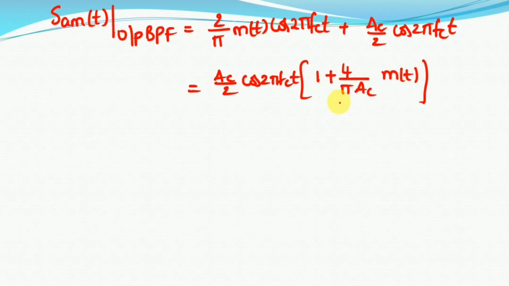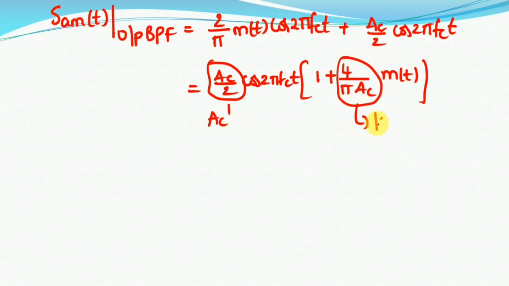Now let us assume this AC by 2 as AC dash, the signal amplitude, and this 4 by pi AC is nothing but the amplitude sensitivity factor, which is indicated by Ka.